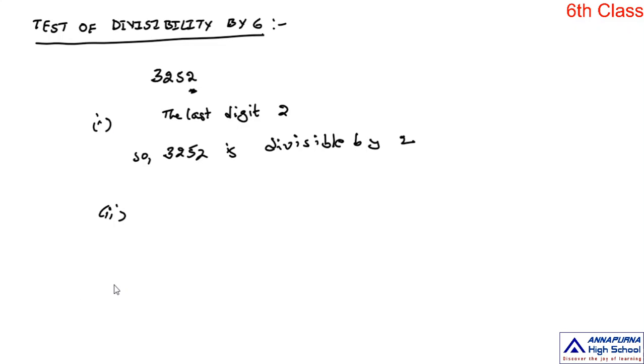We add the digits: 3 plus 2 plus 5 plus 2. 3 plus 2 is 5, 5 plus 5 is 10, 10 plus 2 is 12. Here, is 12 divisible by 3 or not?